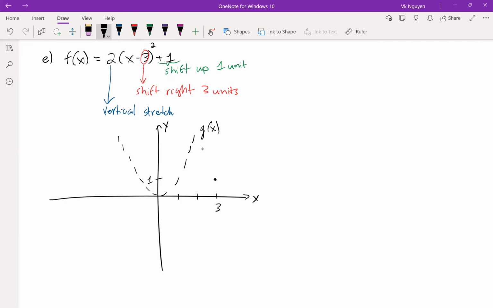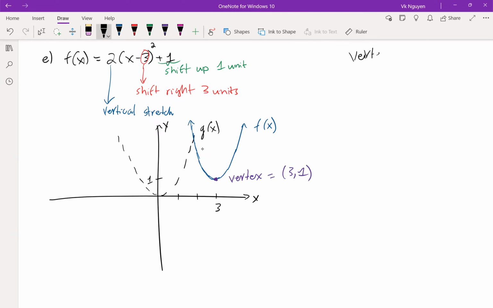So the vertex gets shifted here. This is the graph of f(x). It's thinner because we did a vertical stretch. Vertex here is 3, 1.